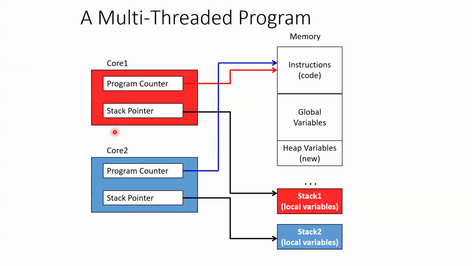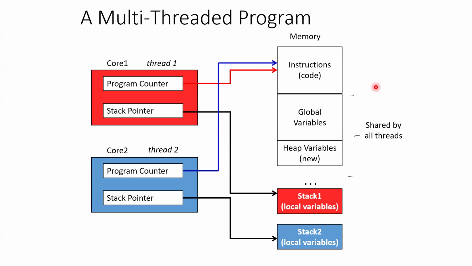So each of the cores has its own stack pointer that points to its own stack. Program counters are still pointing to the same instruction memory space. This means you may or may not be executing the same instructions. Thread 1 and thread 2.